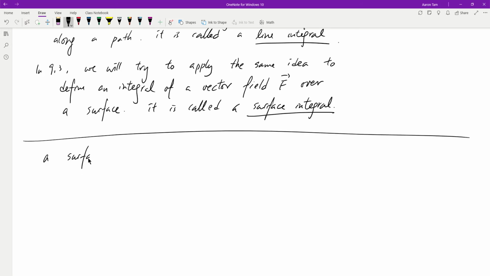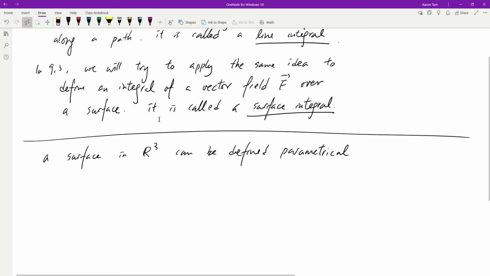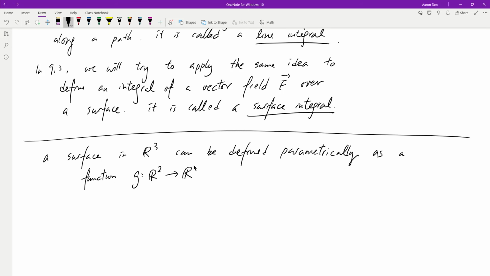A surface, and we'll be focusing on R3, can be defined parametrically as a function g from R2 to R3.